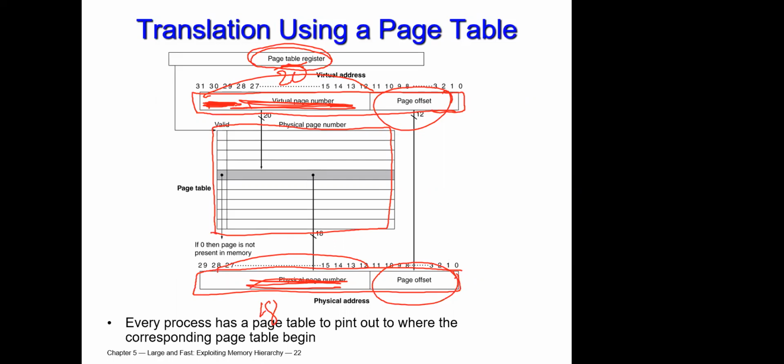This register, the page table register, will point to the beginning of where exactly I need to calculate my virtual address. In another sense, if I would like to target this location, this guy will refer to this location at the beginning, and this guy will indicate how much I need to add.